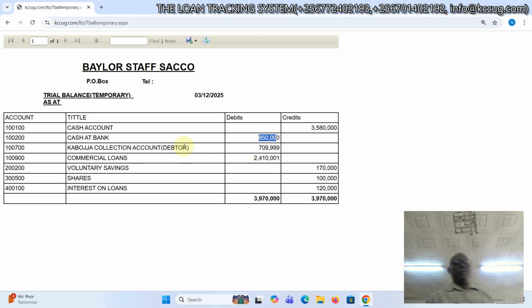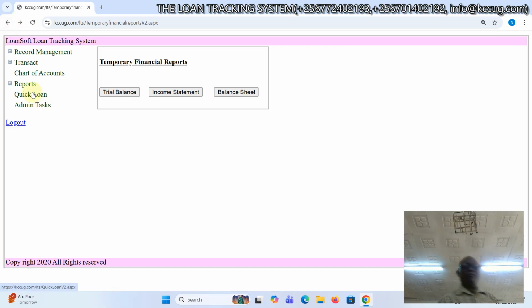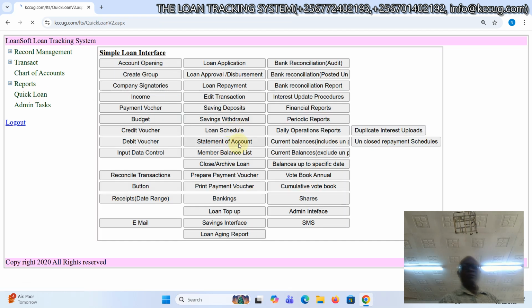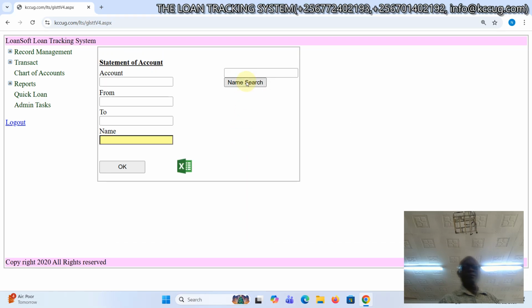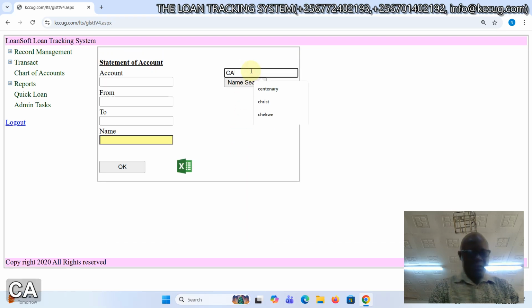Why? Because there was some money earlier that had been posted to the bank account. You can print the statement of account for this cash at bank to see how it comes about. You click on statement account, bank.